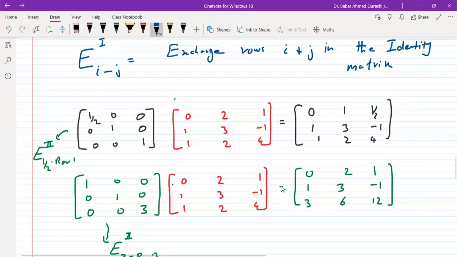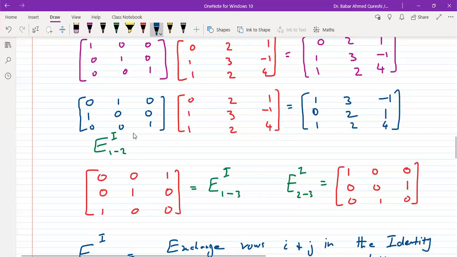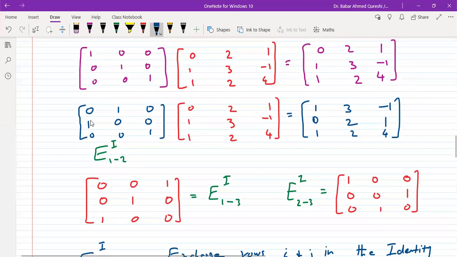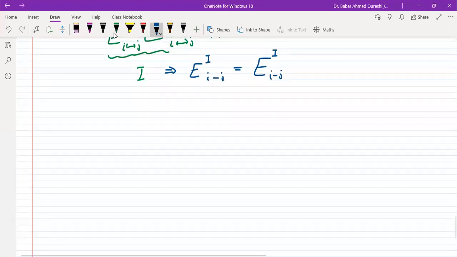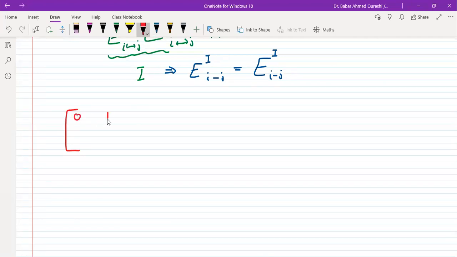So let's take this one, E12. I exchanged the first and second row in the identity matrix. So that gives me an elementary matrix which achieves exchange of row 1 and 2. But you can check that it's an inverse of itself.